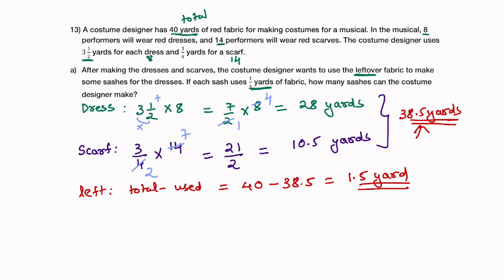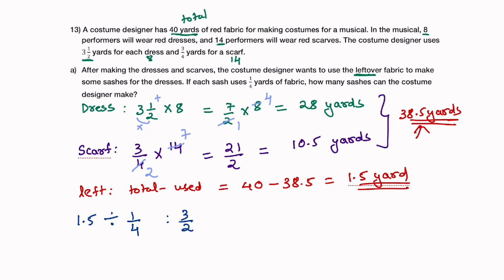Now that needs to be divided. So we say 1.5 divided by, each one uses 1/4, right? So 1.5 divided by 1/4. Now this 1.5 is basically 3 upon 2, right? If you divide 3 by 2, you'll get 1.5.